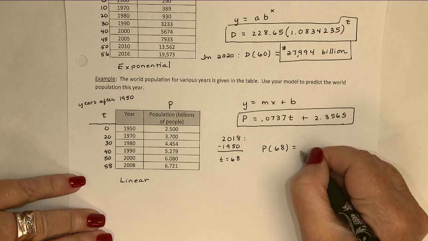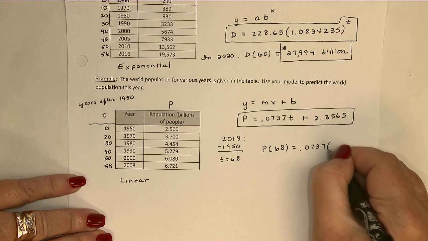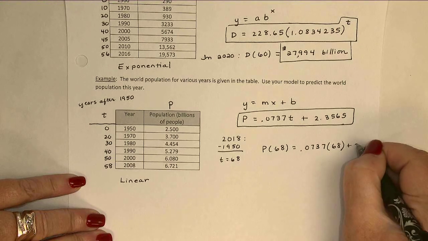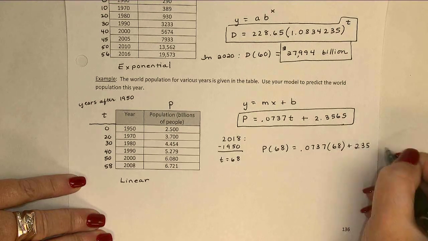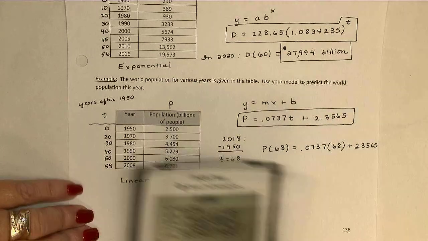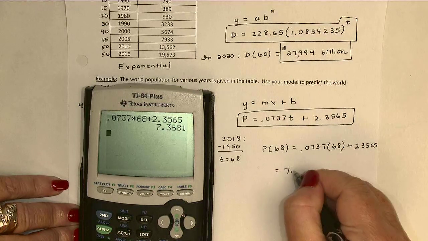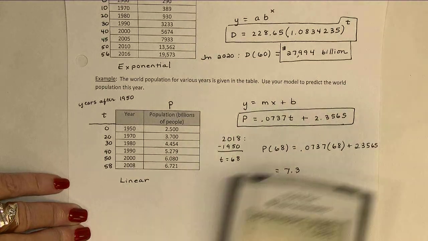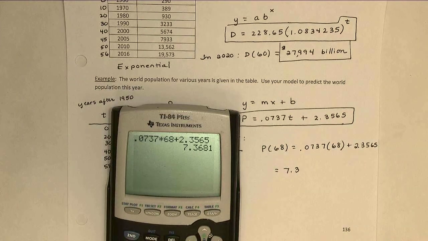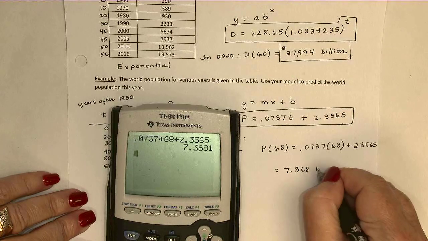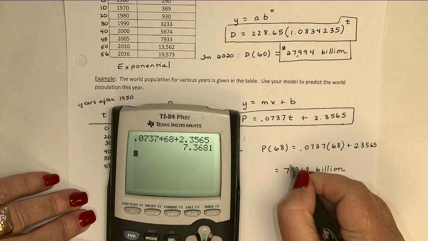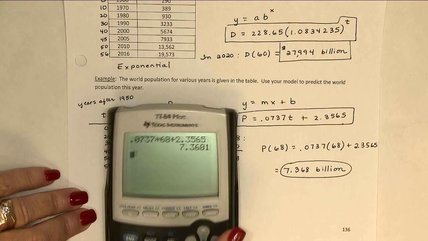So if we plug 68 in for the t, I'm getting 7 point, I guess they're keeping 3 decimal places in the chart, so I'll be consistent, 7.368 billion. Would be the prediction.